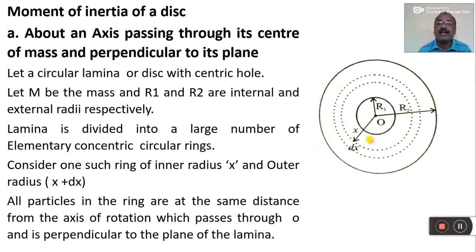If x is the radius of this ring, then dx is the element. We can explain it like this: a circular lamina with R1, R2, x plus dx.